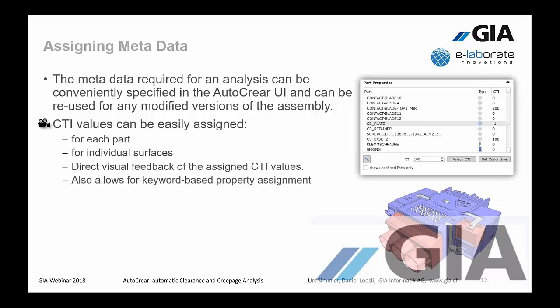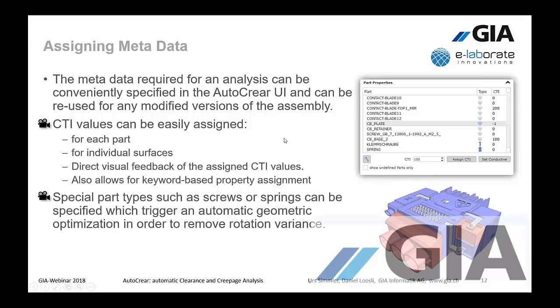And you get direct feedback by changing the colors or by directly unhiding the components when a CTI value is assigned. So it's quite easy to do that step, assigning metadata to our components.